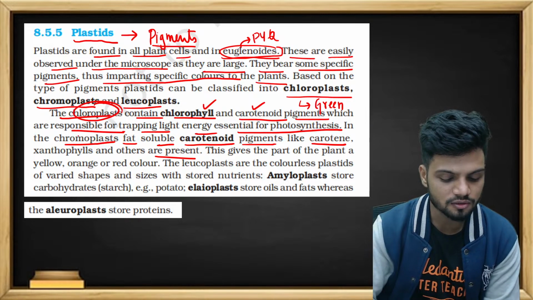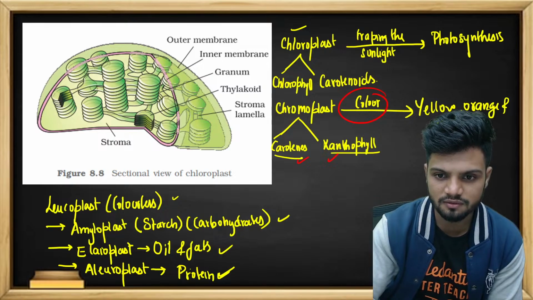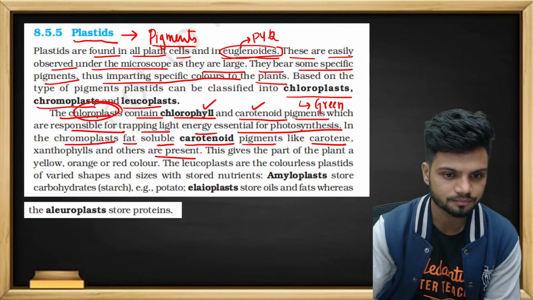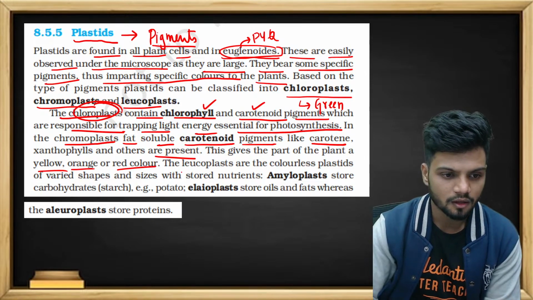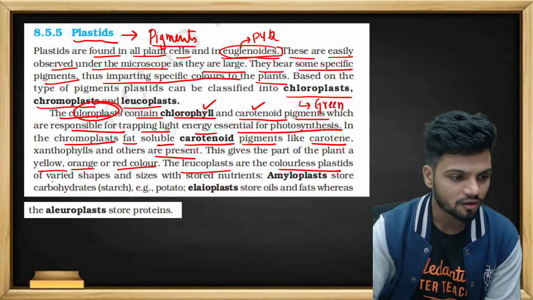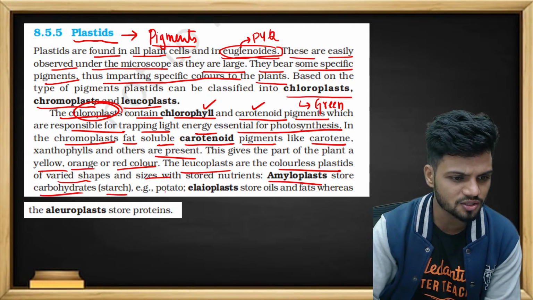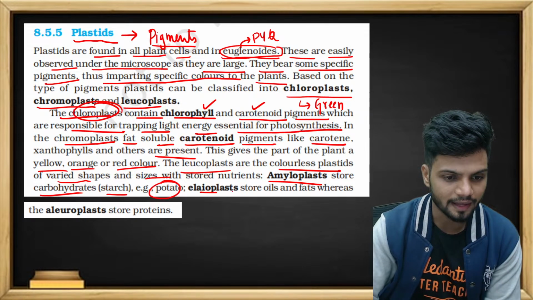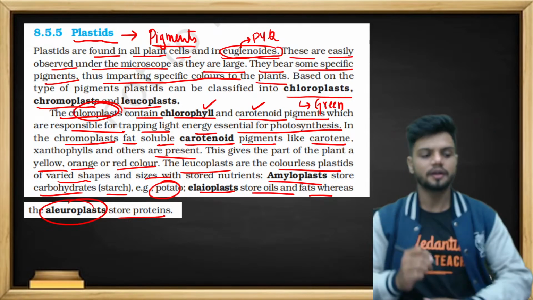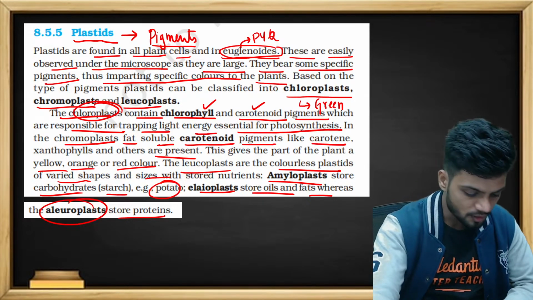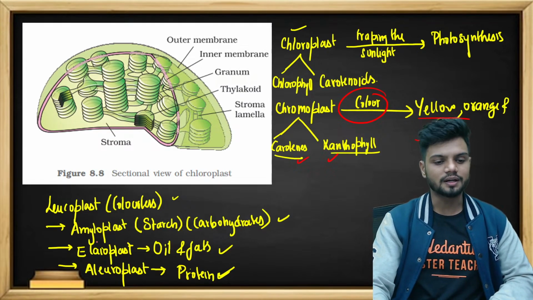They give yellow, orange, red color. Leucoplasts are colorless plastids of variable shape and size. Amylo: carbohydrate, starch, potato for example. Elaio: oil and fat. Aleuro stores protein. Whatever is given there, we have made it into points so you can understand.